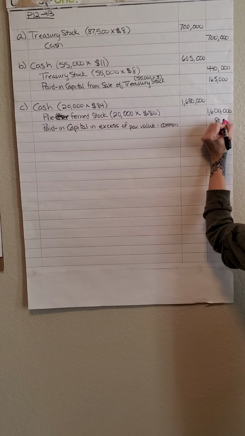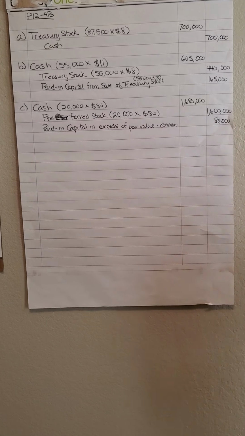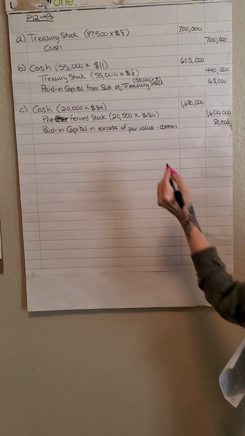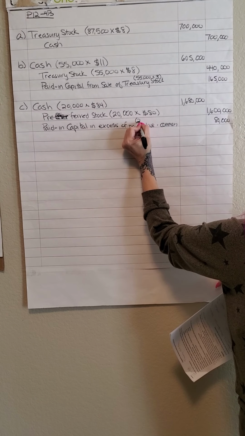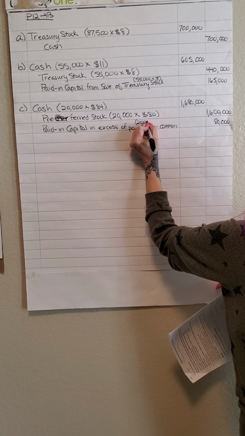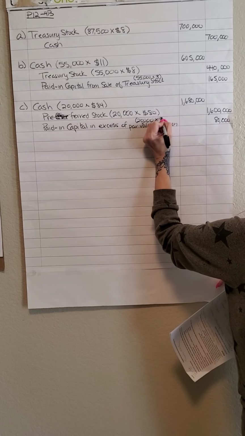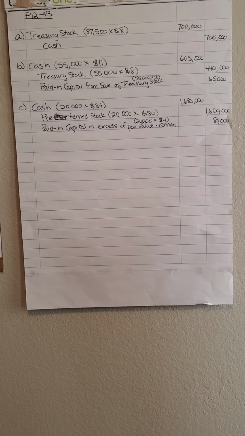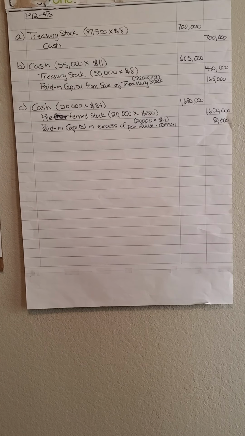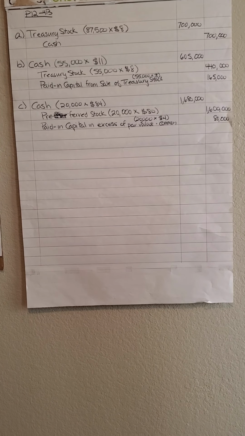It's 80,000. That's just simple math. Or we can take the 20,000 shares and multiply that times the $4 we received per share in excess of the par value. So we've got those now.